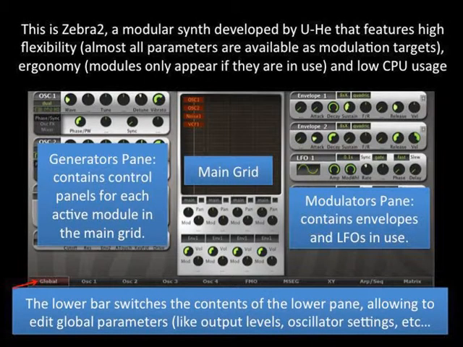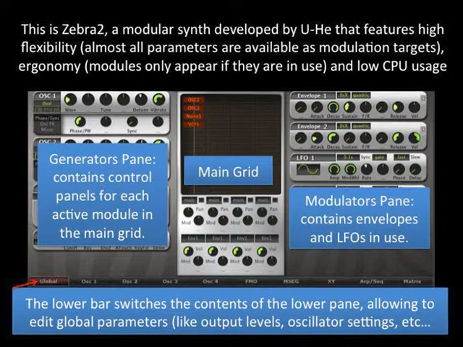This is Zebra 2, a modular synth that features high flexibility and low CPU usage. On the left hand we can see the generators pane that contains control panels for each active module in the main grid, such as oscillators and filters. Down in the middle we can see the main grid that shows us the way those modules are connected between them.